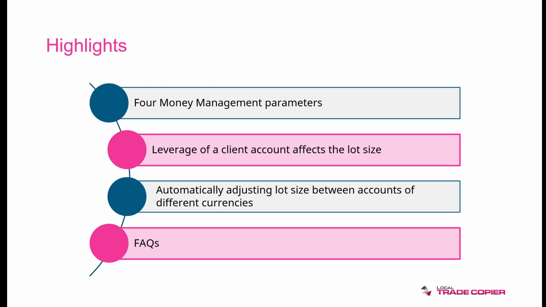Automatically adjusting lot size between accounts of different currencies, which is if the master account, for example, is in United States dollars, while the client account is in Singapore dollars or maybe Great Britain pounds. Yeah, so those lot sizes will vary a bit, and we'll explain how that works. And also I will answer some frequently asked questions.